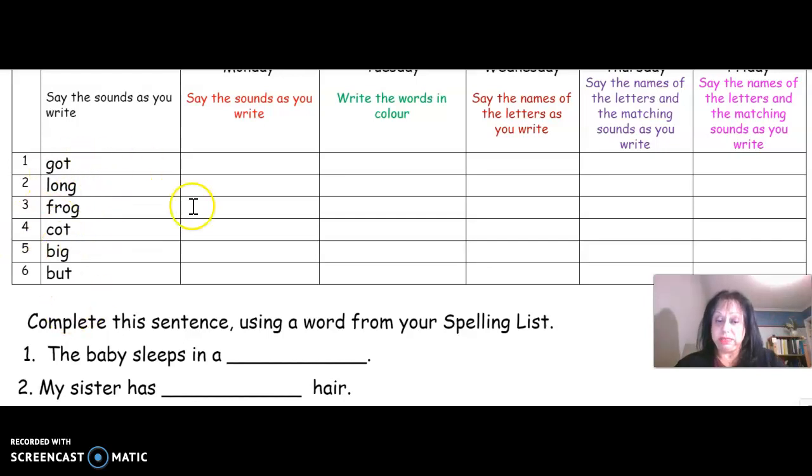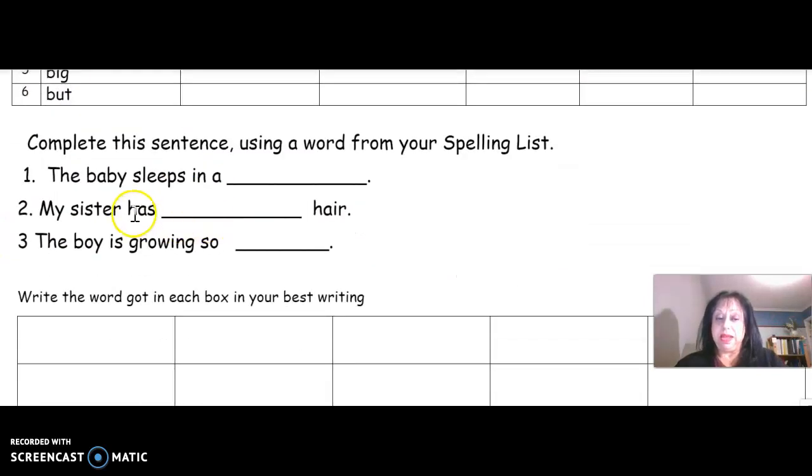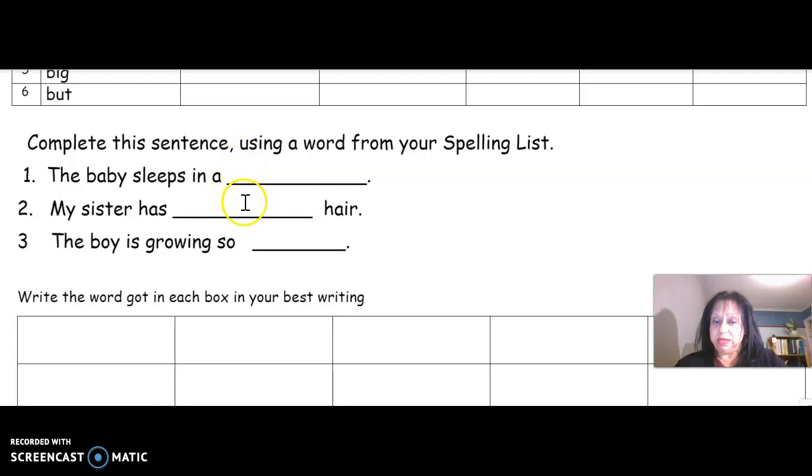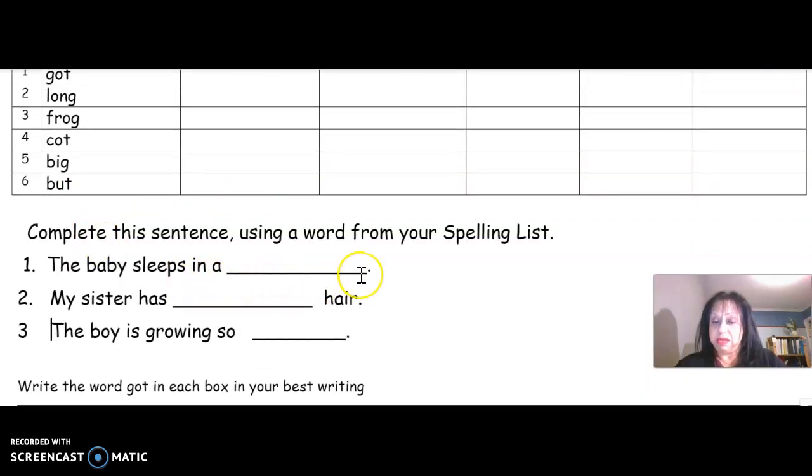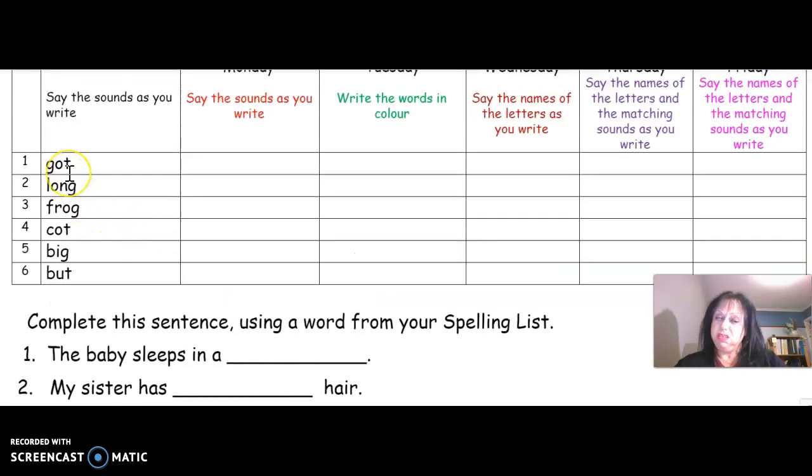So this is Genesis. And then you need to, I've given you 3 sentences. I'm just going to change this so it looks a little better. And you have to take one of these words and put them in here so the sentence makes sense. You write on the actual line, okay? So this says, the baby sleeps in a got.